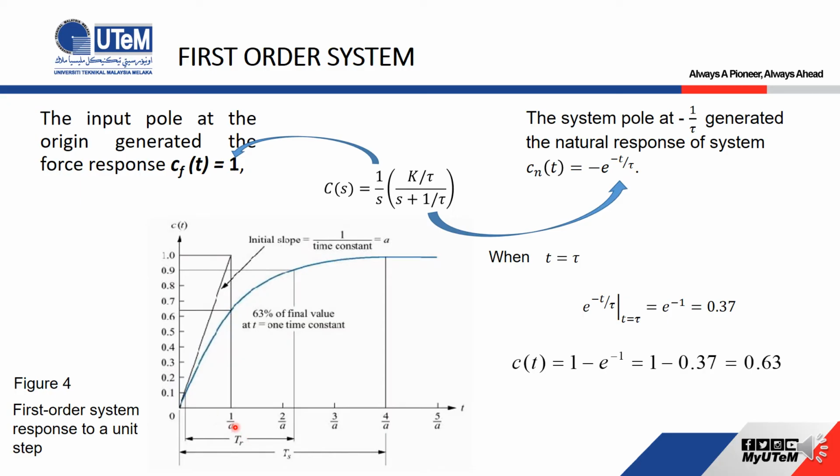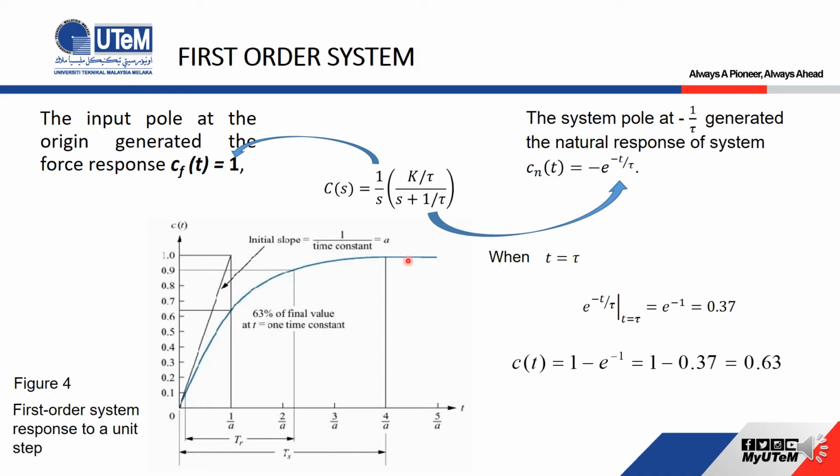Rise time is the time for the system output response to change from 10% to 90% of the final value. While settling time is the time for the output response to reach steady state with the criteria of either 2% or 5%. It depends on which criteria we choose.